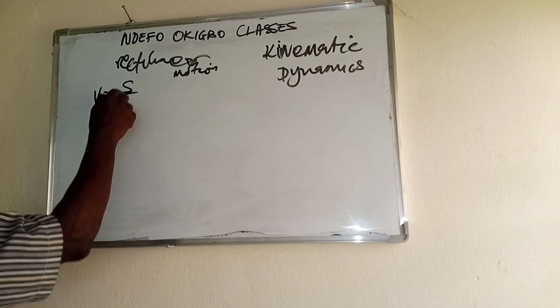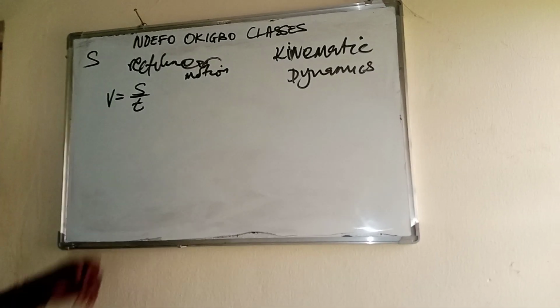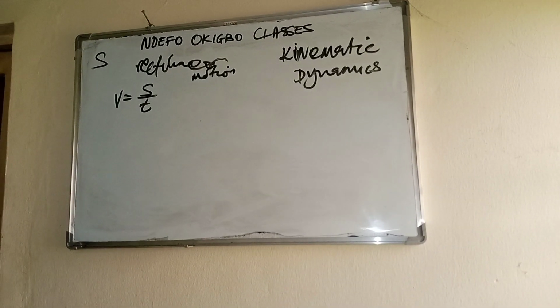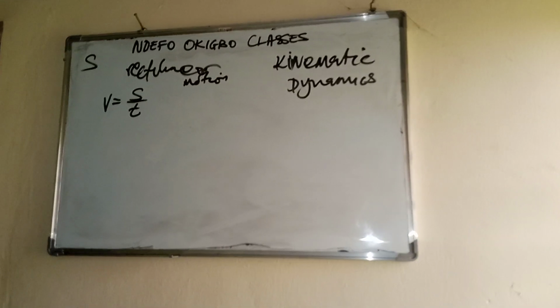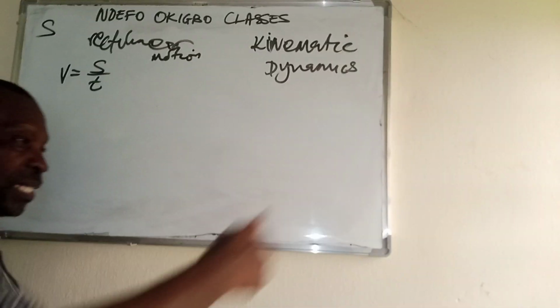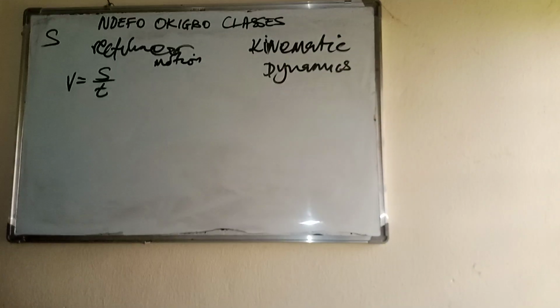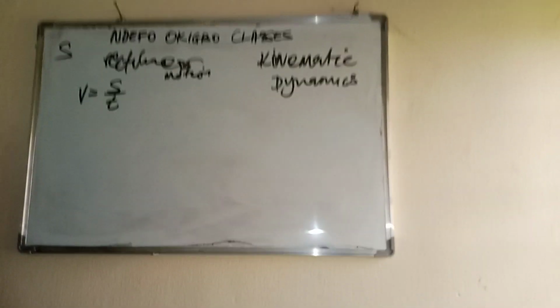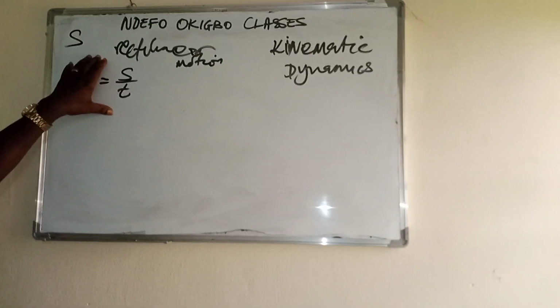Velocity is displacement over time. We're using S for displacement or distance. Speed is distance over time. Velocity is displacement over time. So the rate at which distance or displacement is covered is either speed or velocity.